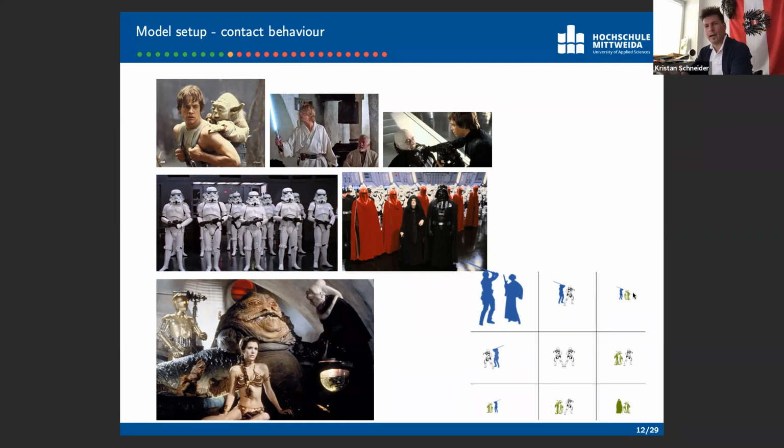If you randomly picked individuals from the total population, the probability that you pick two of the risk group having a contact together would be very, very low. And that is definitely overrepresented in these long-term care facilities. So there is definitely a heterogeneous contact structure that is key to be captured.